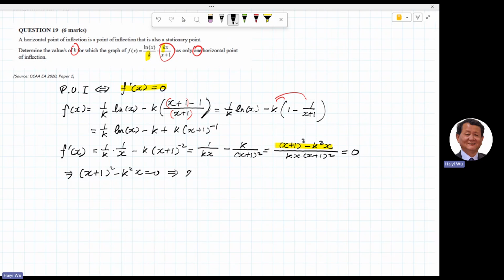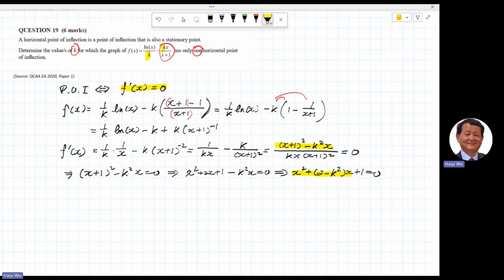Expanding that bracket: x squared plus 2x plus 1 minus k squared x equals 0. That equates to x squared plus (2 minus k squared)x plus 1 equals 0. So this is a quadratic.